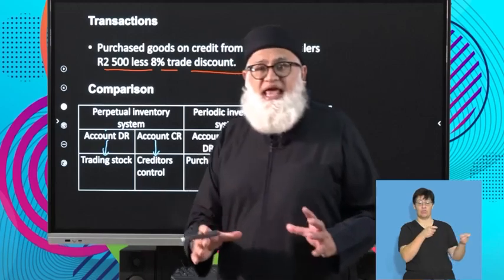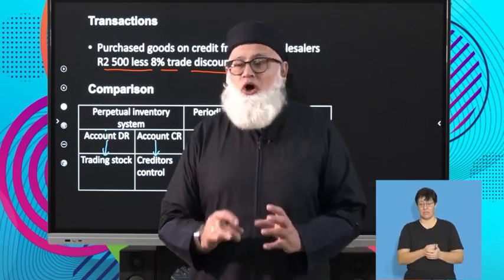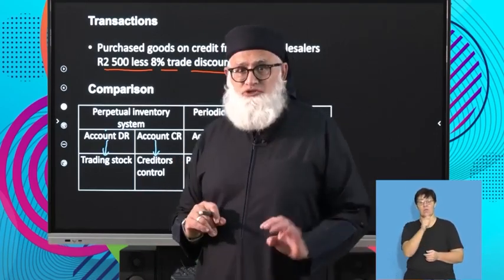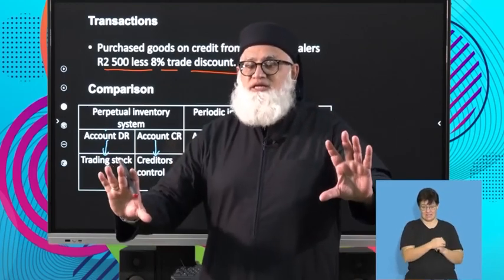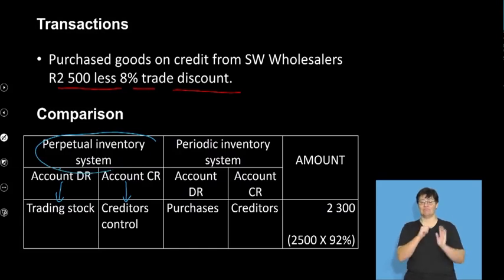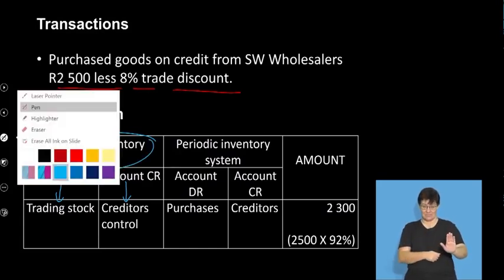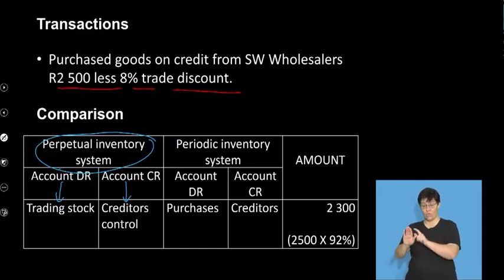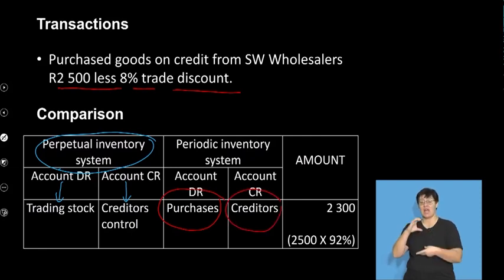Because we have purchased goods on credit. So debit trading stock, credit creditors control, that is using the perpetual inventory system. Let's change that now to the periodic inventory system. Watch, account debited is purchases. Your account credited obviously is creditors control. Look at your amount, your amount is important.